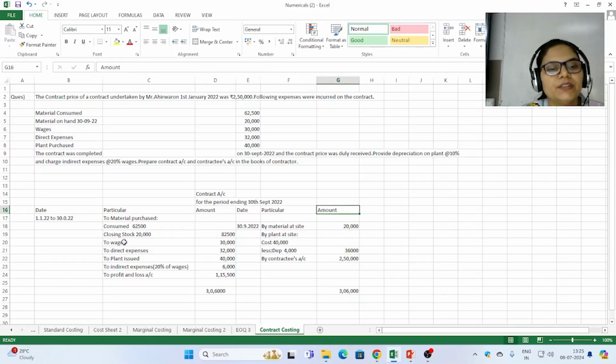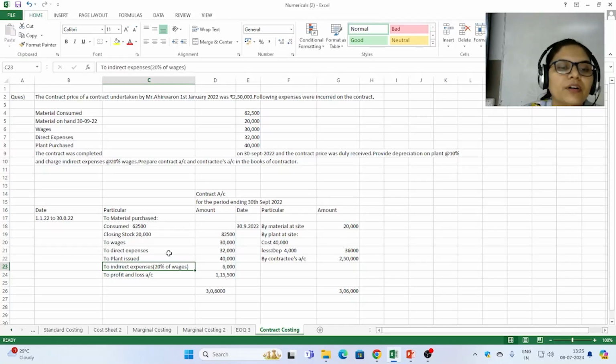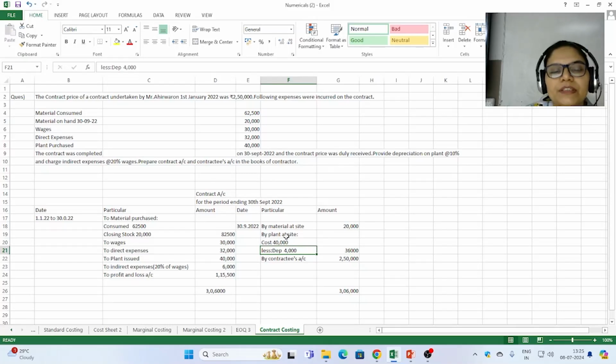Material purchased, wages, direct expenses, plant issued, indirect expenses, which are 20% of wages, are all recorded in your debit side. Material at site, which is 20,000 given in the question, and plant at site cost was 40,000, and depreciation was to be charged at 10%. So 10% of 40,000 will give you 4,000.